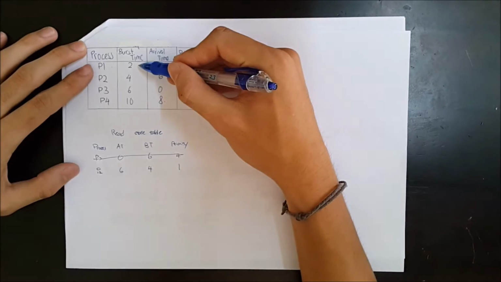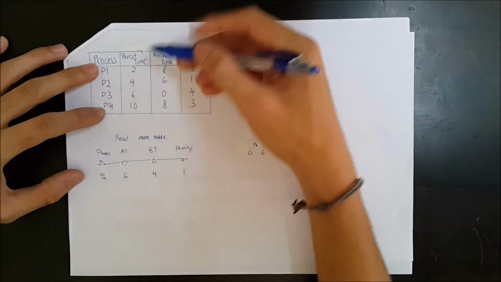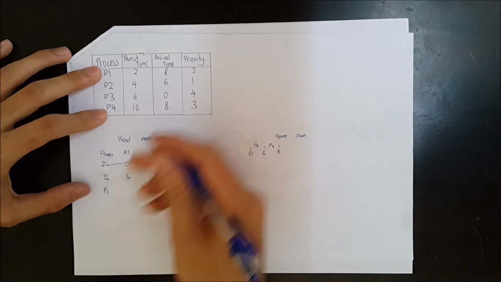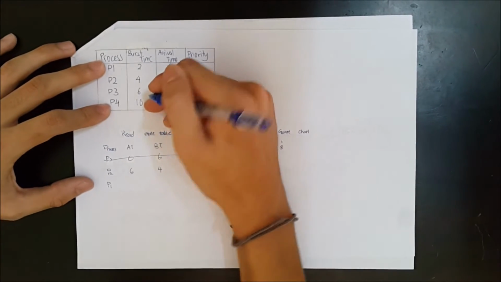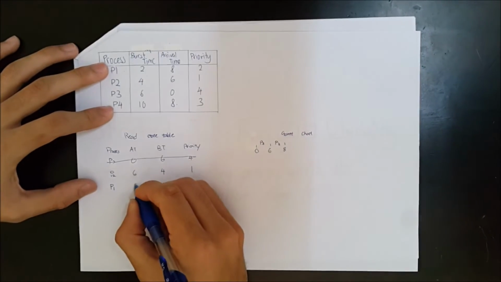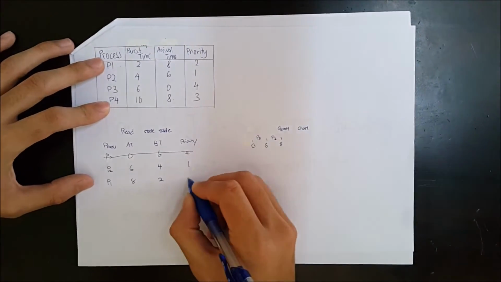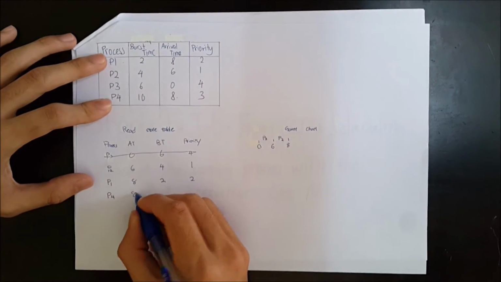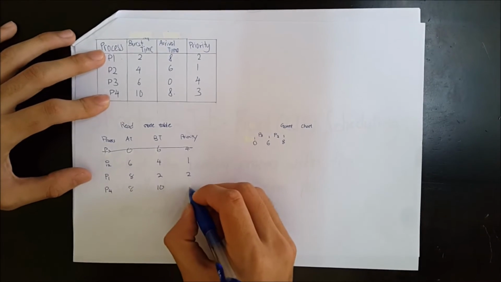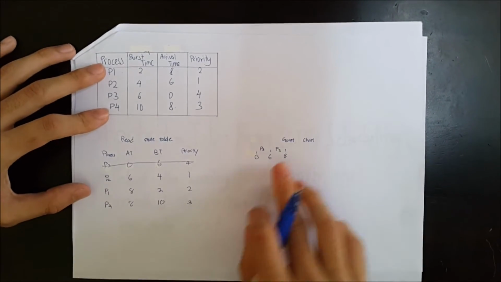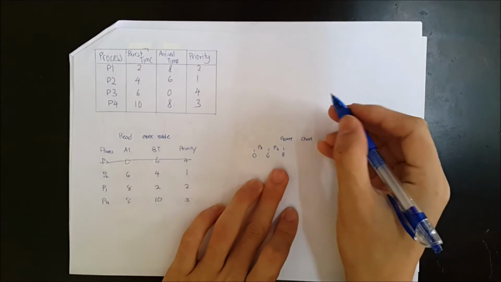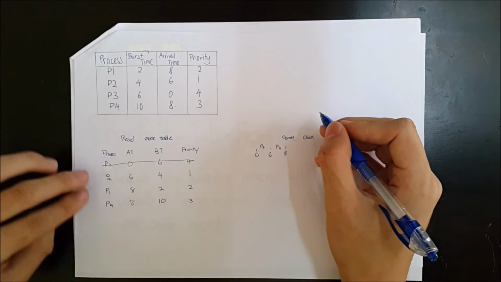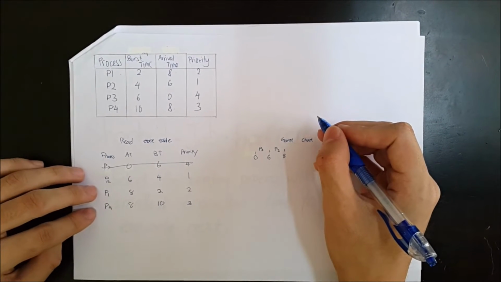In this case it will be P1, because 2 is smaller than 10. So we write P1 down first, followed by P4.